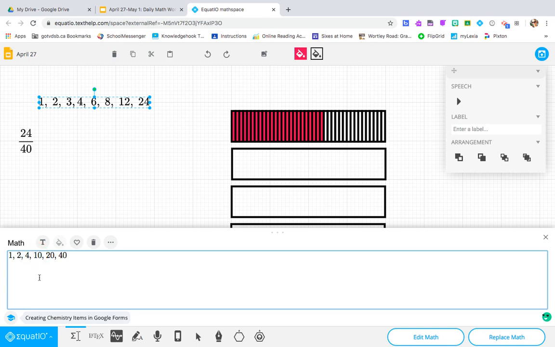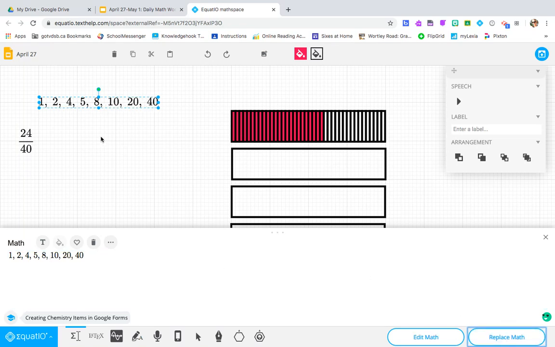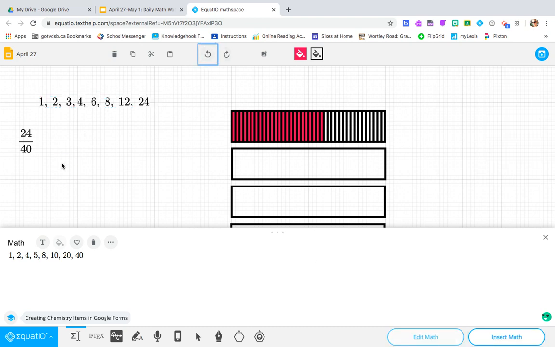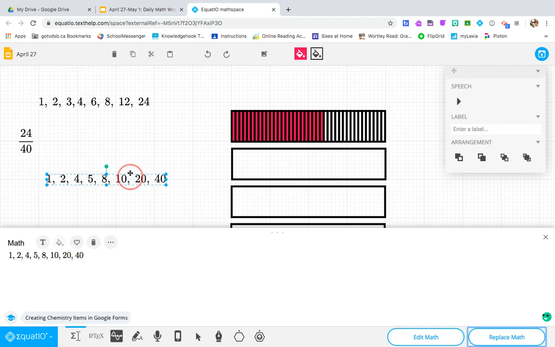And the number 5 also goes into 40. 5 times 8 gives you 40. So there are all of your factors of the number 40. So I replaced the math. Let's undo that and click on a new space to insert the new numbers, and I'll put them down there by our denominator, 40.